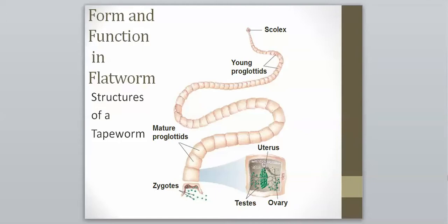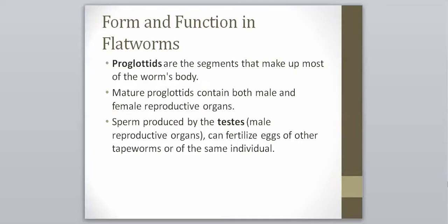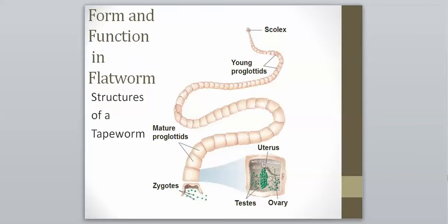Here are some of the terms we're going to see when we look at what exactly a tapeworm is. A big one is proglottids, and these are just the segments that make up most of the worm's body. If you look, there are definite segments in this tapeworm, and these are known as proglottids.